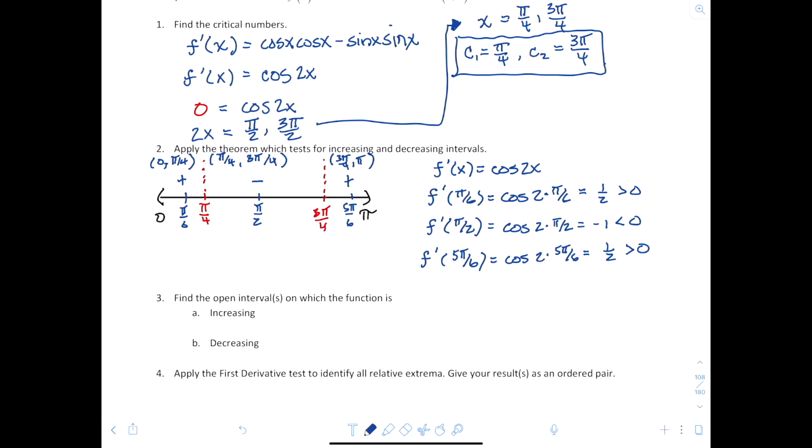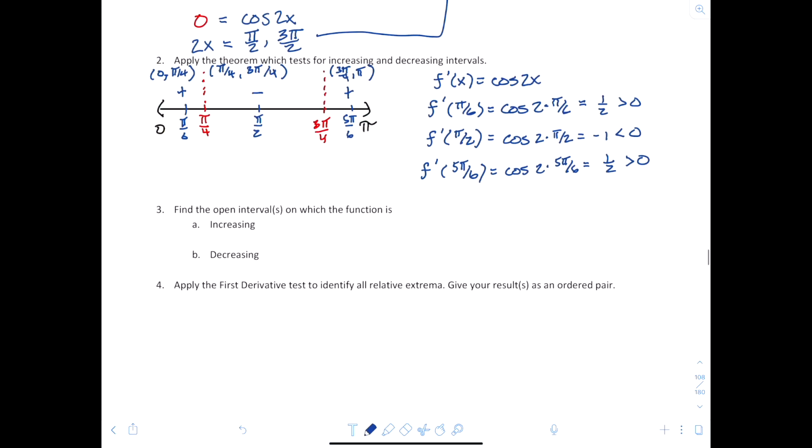Groovy? Okay, so that was the theorem that we applied, and so when we report the intervals, we can just look at our sign chart. So the open intervals on which this function is increasing on that open interval from 0 to pi are going to be 0 to pi over 4 union 3 pi over 4 to pi.